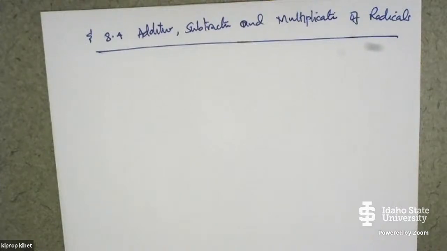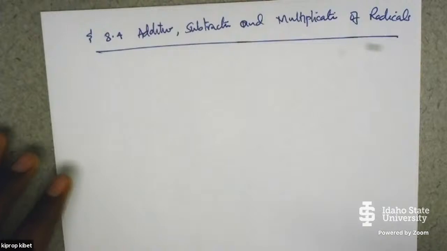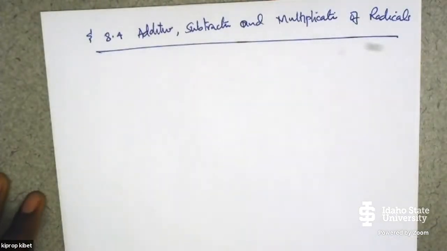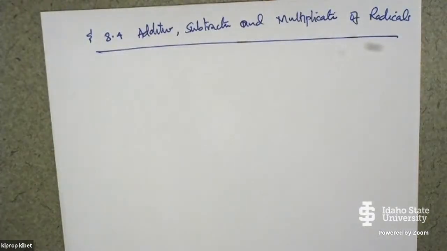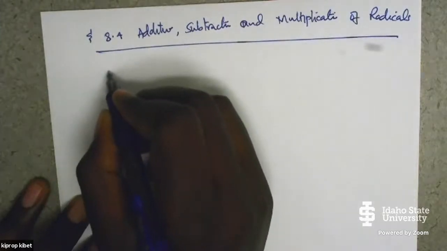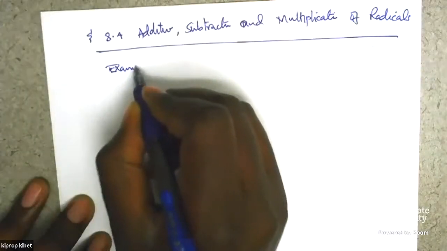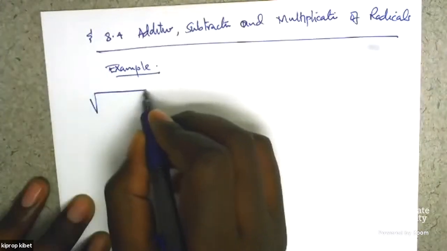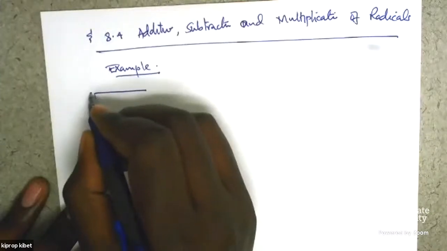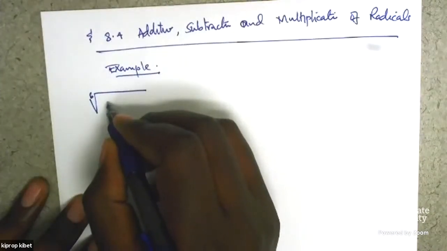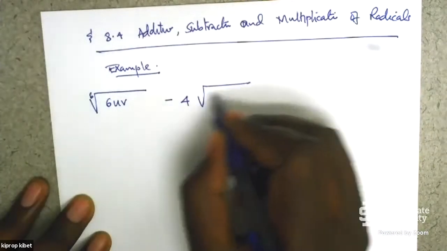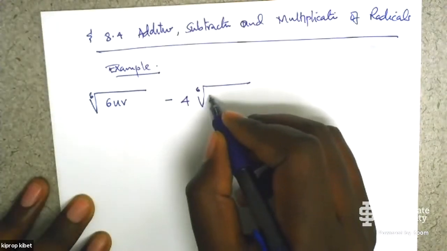So if you want to add, make sure you convert to the same radical. Like for example, if you have 6 root of 6uv minus 4 times the 6th root of 6uv.